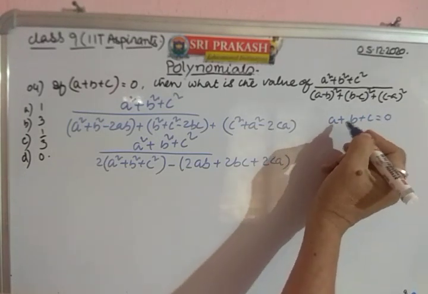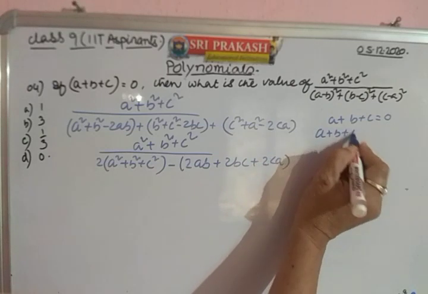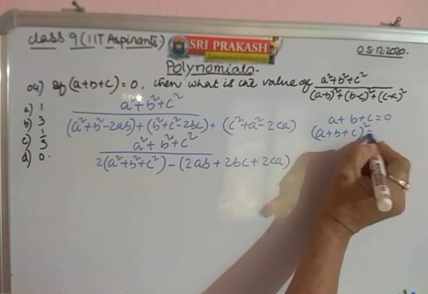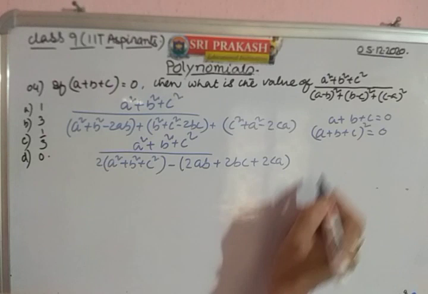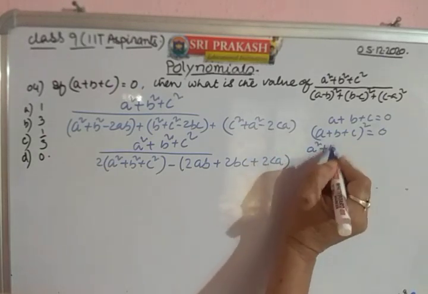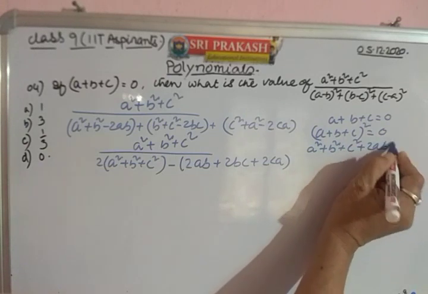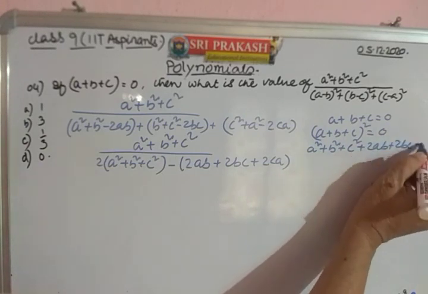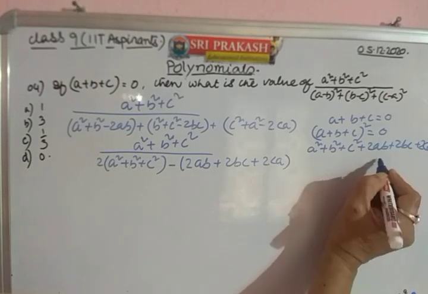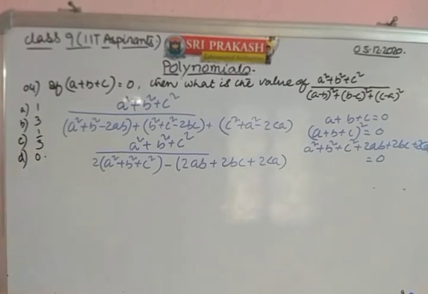So if you square this, that means (a plus b plus c) whole square is also 0. Or let us open this: a square plus b square plus c square plus 2ab plus 2bc plus 2ca is also 0. So now what we do?